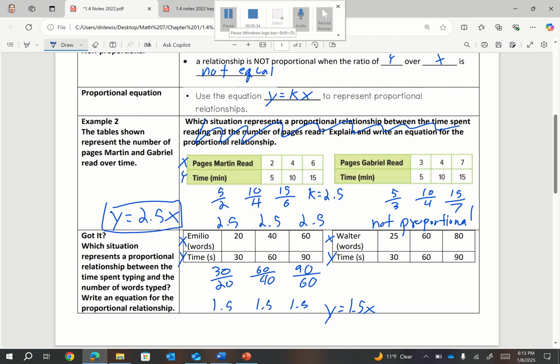So we do have a constant of proportionality. We do have a proportional relationship. Next one, 30 over 25, 60 over 60. Well, I can tell right away those two aren't equal. So that is not proportional. We cannot write an equation for that.